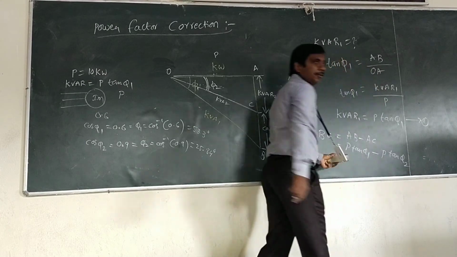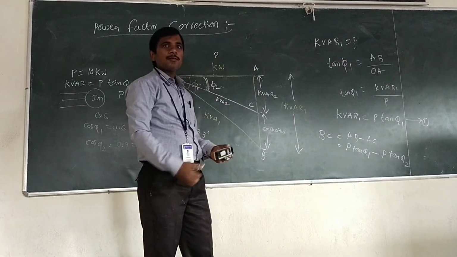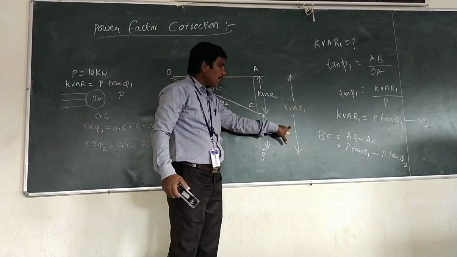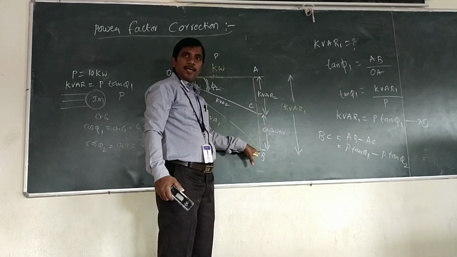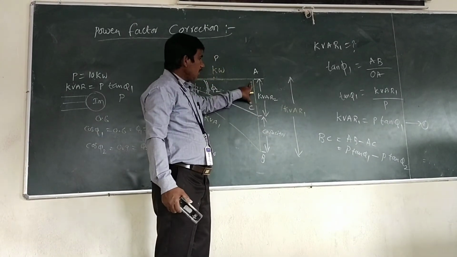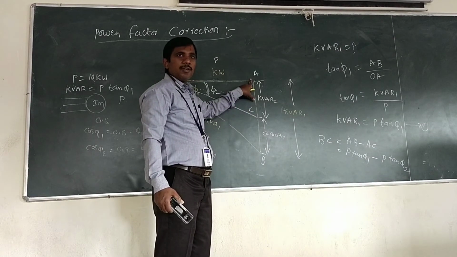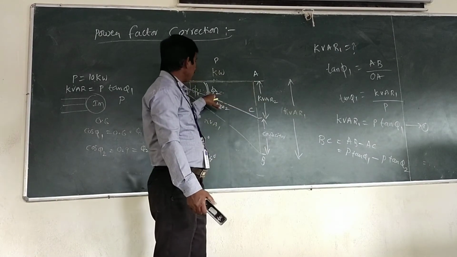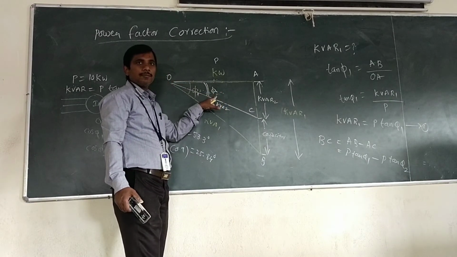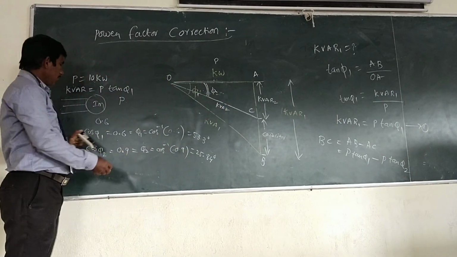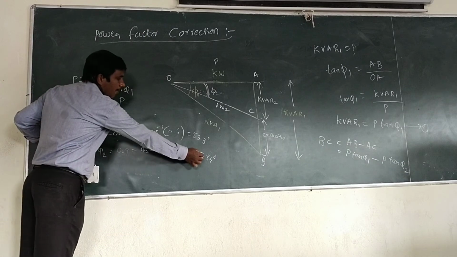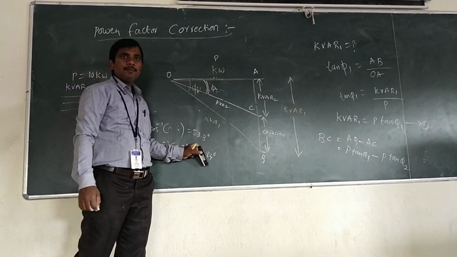AB is kVR1, and AC is also kVR, P into tan phi 2, but the phase angle we have to consider is phi 2. If phi 2 is 25.84 degrees, we have to consider that.